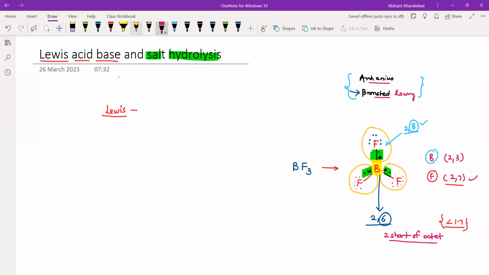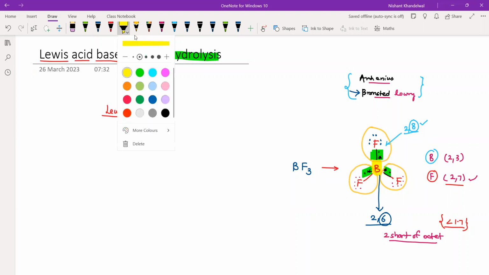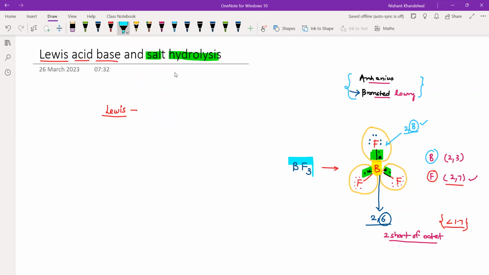Those species in which there is a deficiency of electrons, like this boron trifluoride, are known as electron deficient species. These species are also given a special term, electrophile.